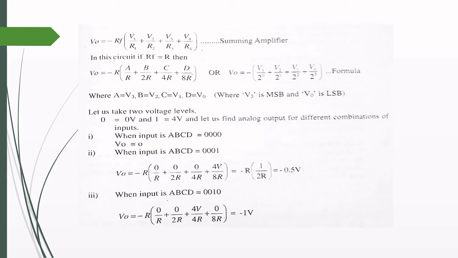In this circuit, if RF is equal to R, then VO is equal to minus R times A upon R plus B upon 2R plus C upon 4R plus D upon 8R.